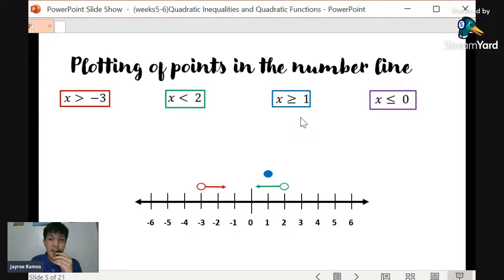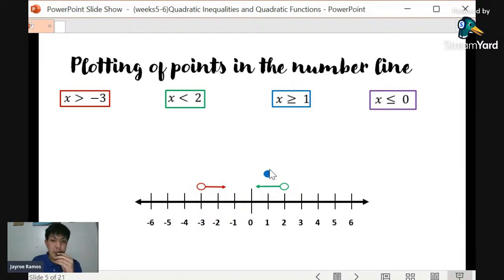So yan po. Now, if you're going to observe, iba yung nangyari, no? Dun sa ating graph or plotting ng points, shaded. 'Di ba? Shaded na siya, shaded yung bilog. Kasi nga, sabi ko nga kanina, dalawa yung pwedeng maging possible na plotting natin dyan. Pwedeng hollowed or yung walang shade or pwede ring shaded.